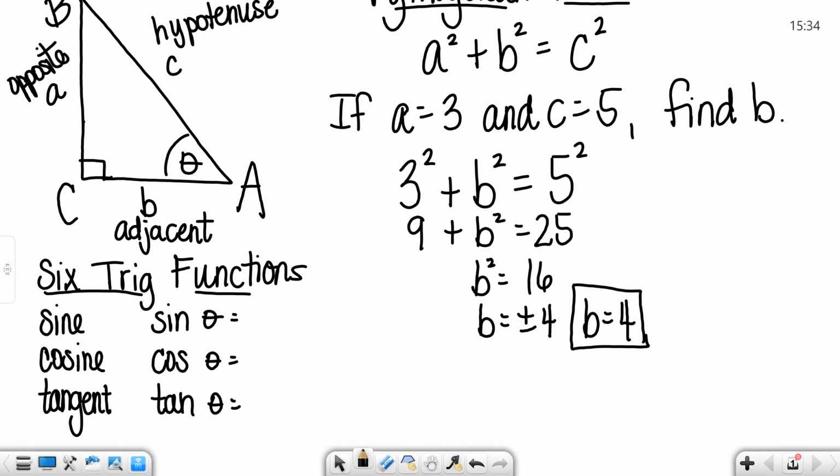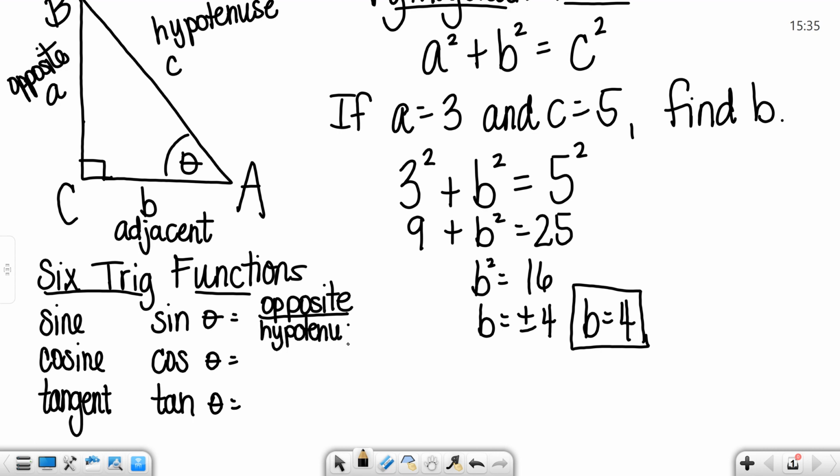So we need to know, how would I find the measure of the sine of theta? Okay, that is always in relation to the sides that we've just talked about. So we would take the opposite side. Okay, now we just labeled that on our diagram, and we put it over the hypotenuse.